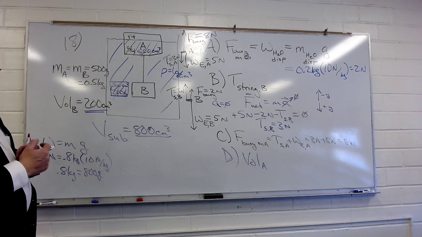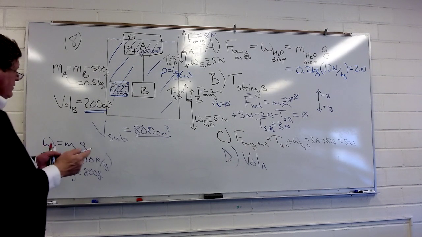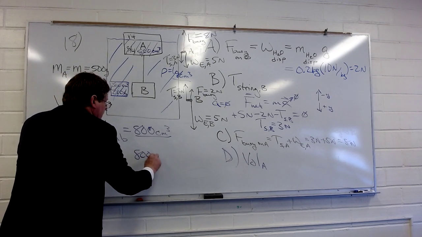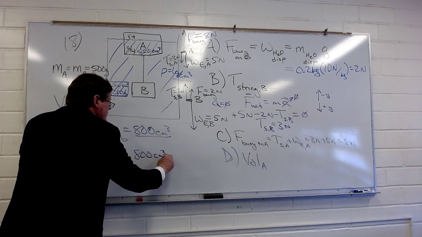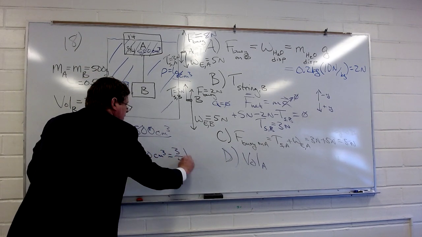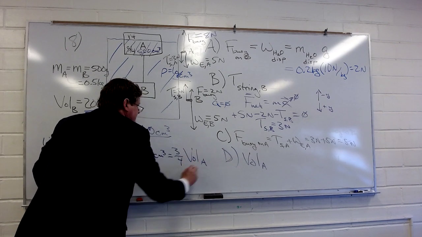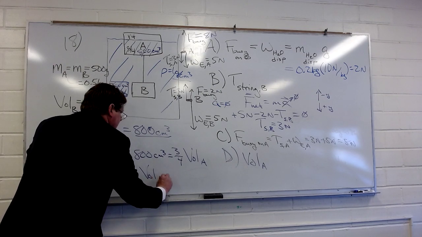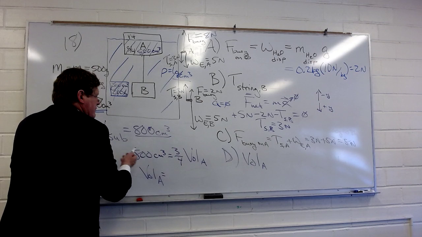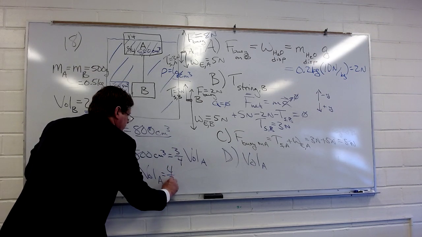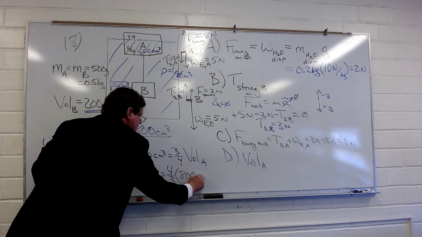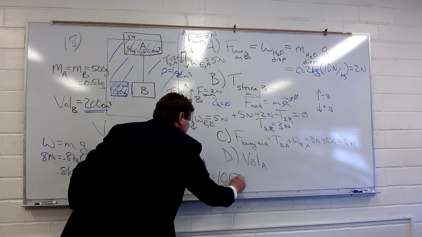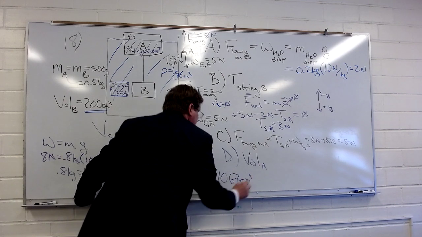But that's only 3/4 of the volume of A. So I can write that the volume submerged, 800 centimeters cubed, is 3/4 of the volume of A. And that means that the volume of A is going to be, let's get rid of the 3/4, 4/3 times 800 centimeters cubed, and that's going to give me 1,067 centimeters cubed.